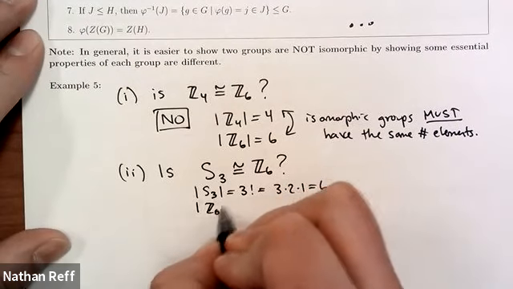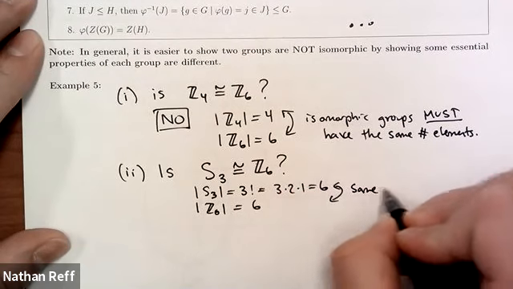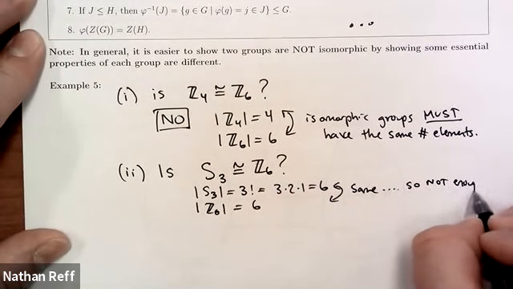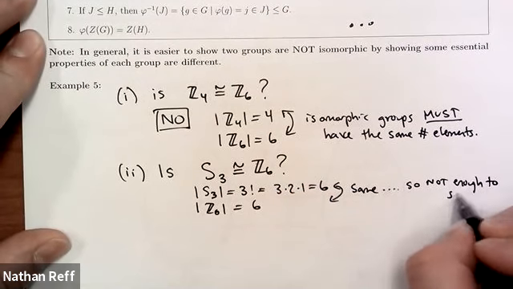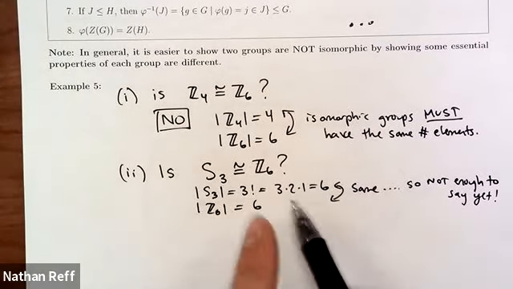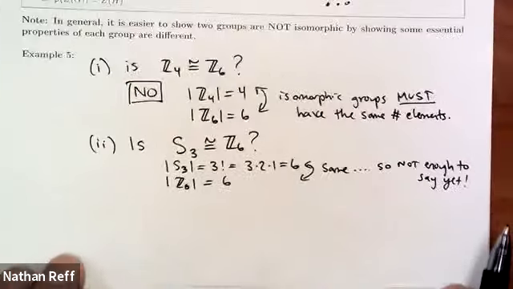And Z6 has order 6. So these have the same number of elements, which is not enough to say yet. That's always the first thing you should check: if they have a different number of elements, you would immediately be done.